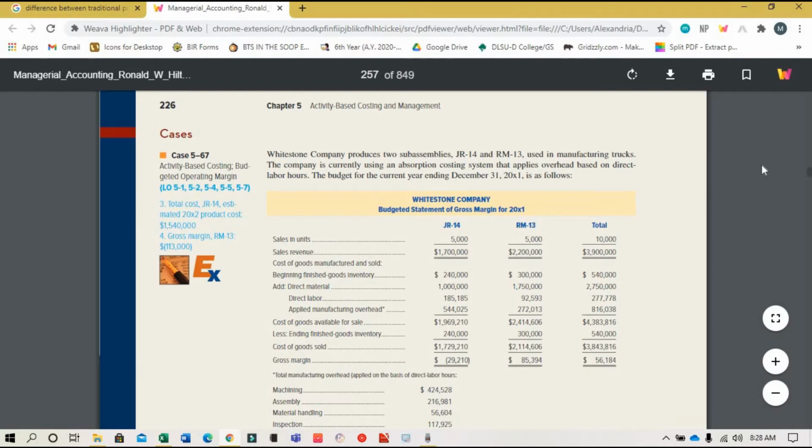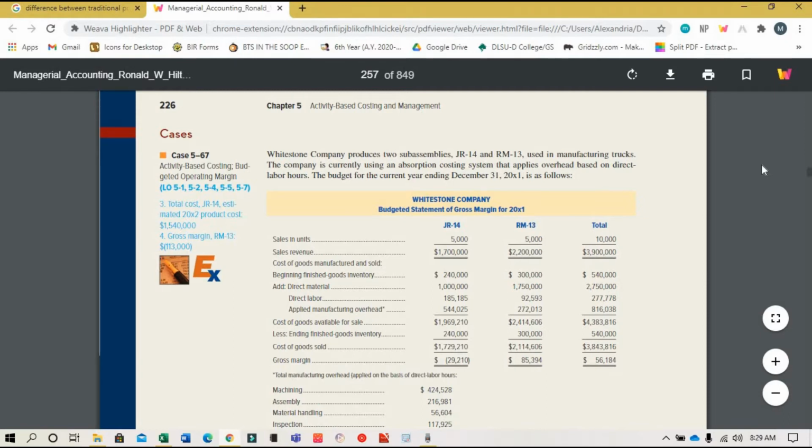For JR14, the sales in units is 5,000. Sales revenue is $1,700,000. Its cost of goods manufactured and sold are computed as follows. Beginning finished goods inventory is $240,000. Its direct material, direct labor, and applied manufacturing overhead are as follows: 1,185,185 and 544.25.